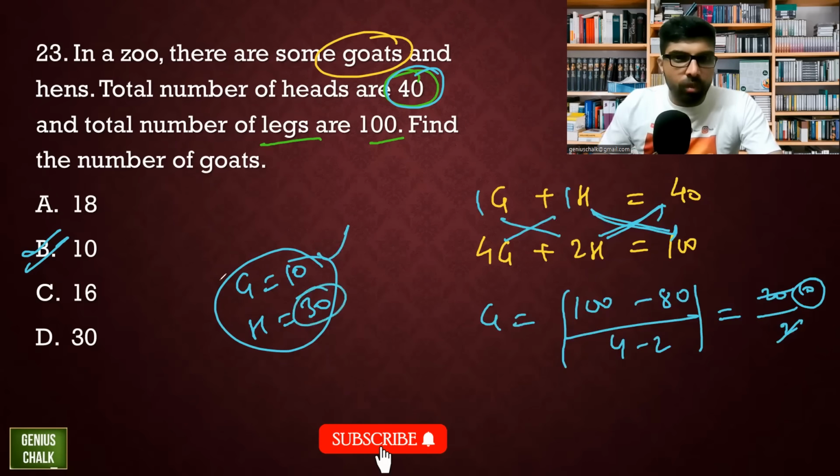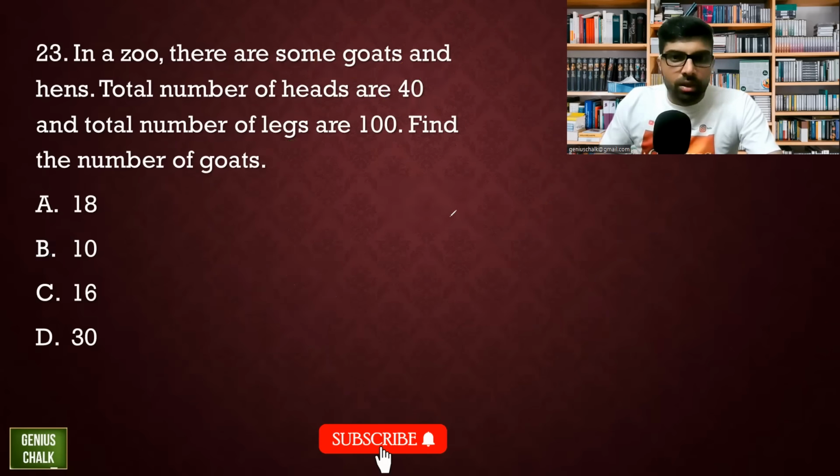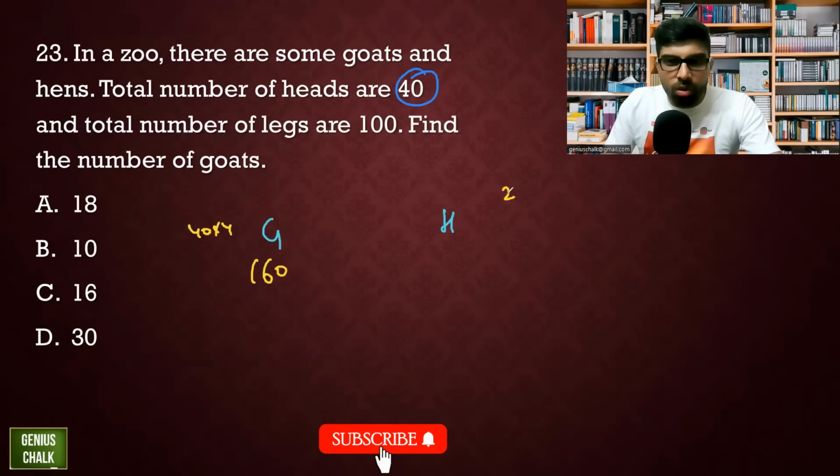Next, alligation. So these are number of hens, these are number of goats. So there are 40. If suppose goat has how many? They have 4 legs. So if there are 40 heads and all those 40 heads are having 4 legs, total number of legs must be 40 into 4, 160. If there are hens, each hen is having 2, so 40 into 2 must be 80 legs.